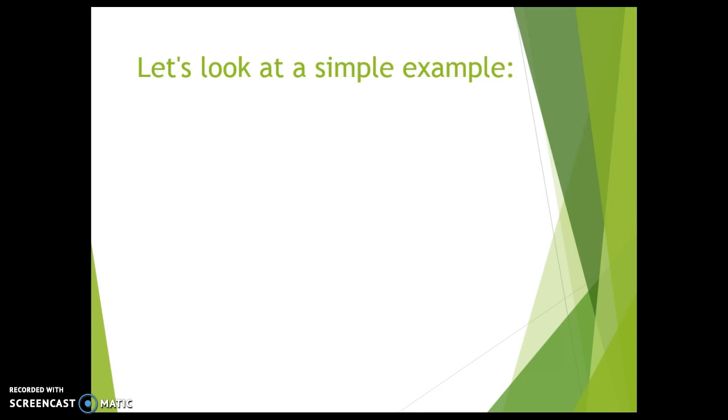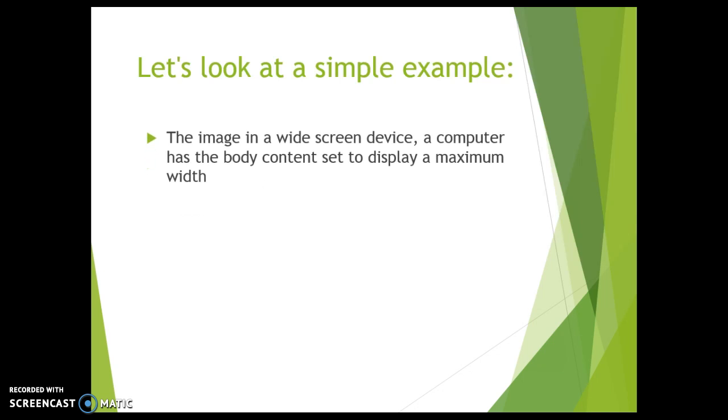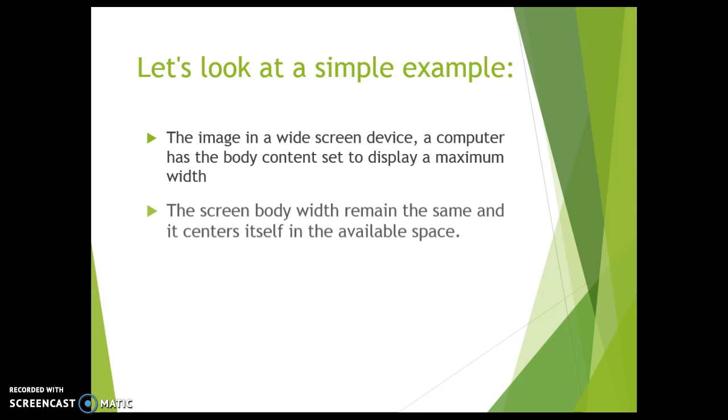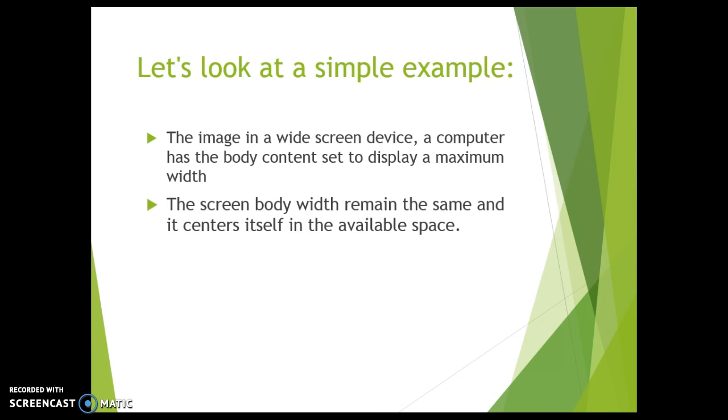Let's look at an example. On a widescreen device, the computer has the body content set to display a maximum width. The screen body width remains the same and it centers itself in the available space.